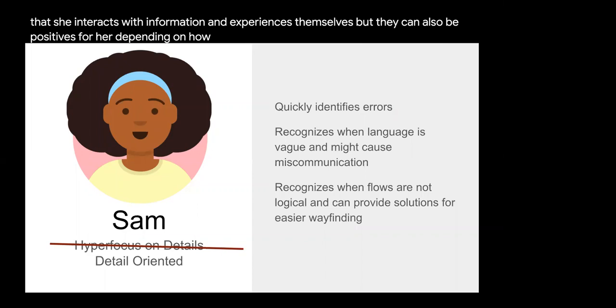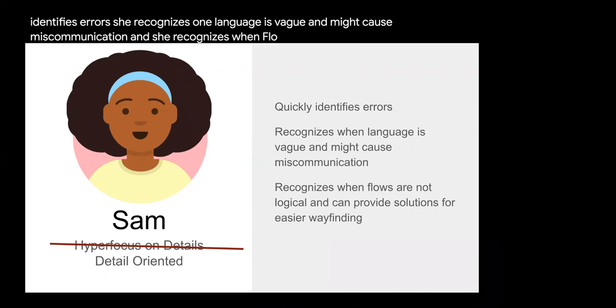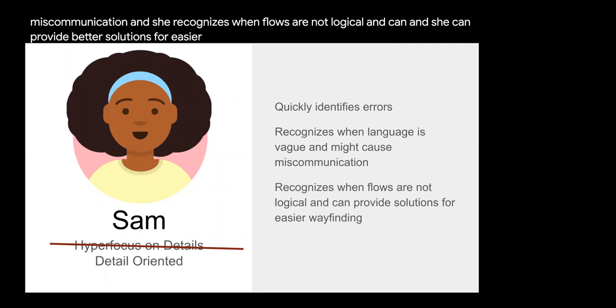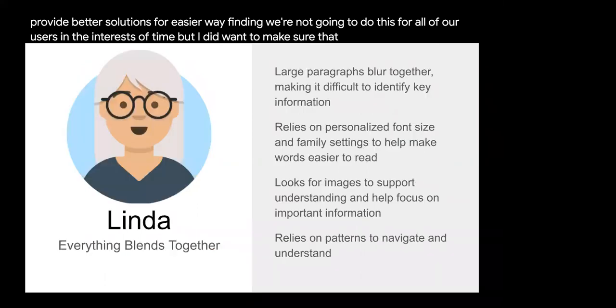For example, instead of hyper-focusing on details, Sam is detail-oriented. She quickly identifies errors, she recognizes when language is vague and might cause miscommunication, and she recognizes when flows are not logical, and she can provide better solutions for easier wayfinding. We're not going to do this for all of our users in the interests of time, but I did want to make sure that this is clear.